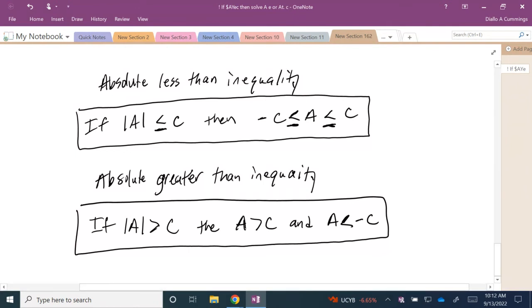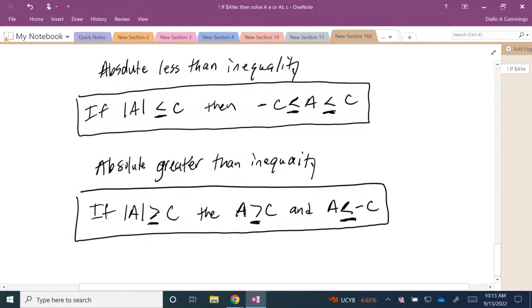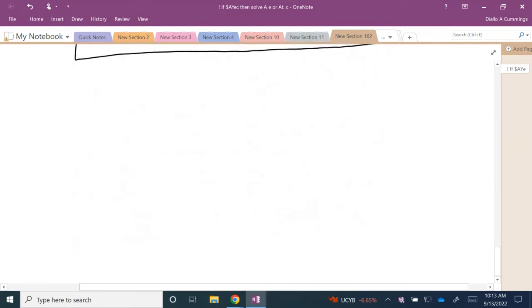So it all depends upon what you're given. If you're given a greater than inequality, you would simply keep it as greater than and less than. But if you're given a greater than or equal to, then that will travel in the formula. All right, so let's take a look at an example.